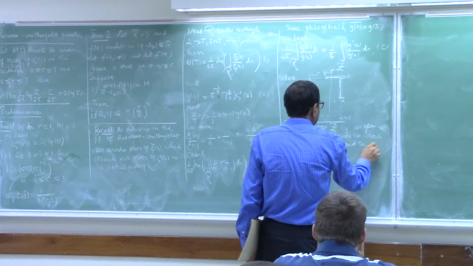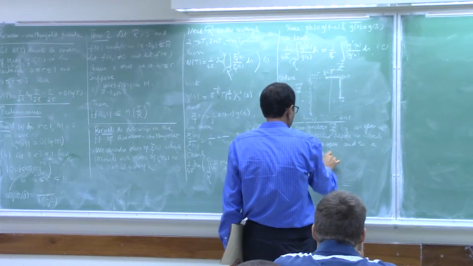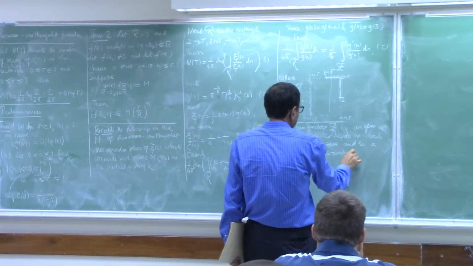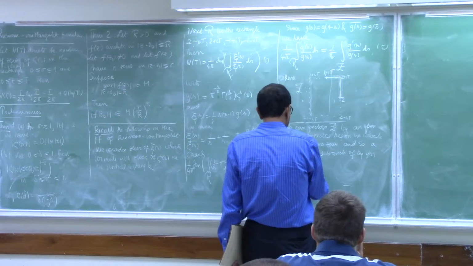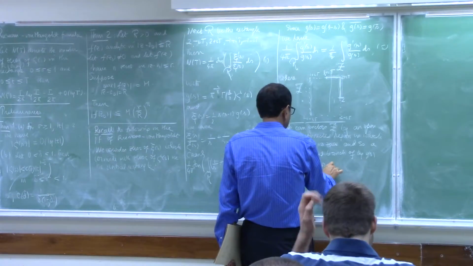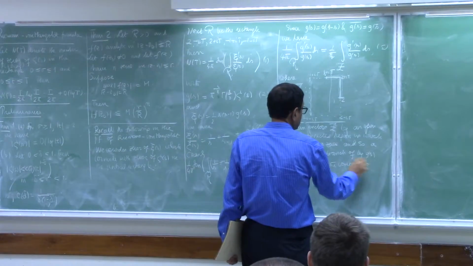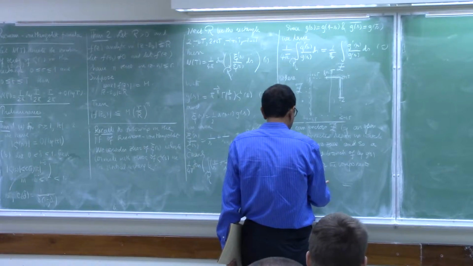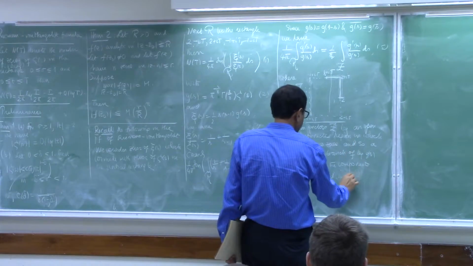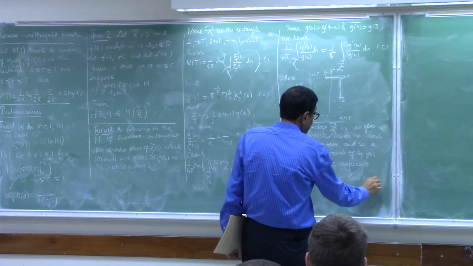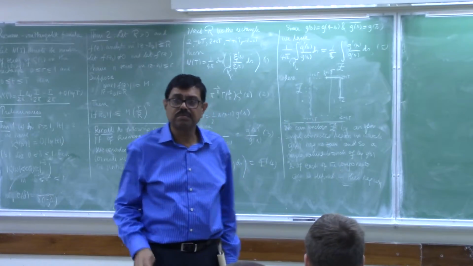So the single value branch of log g of s and of each of the components can be defined in this particular region. So I can take logs and I can differentiate term by term.